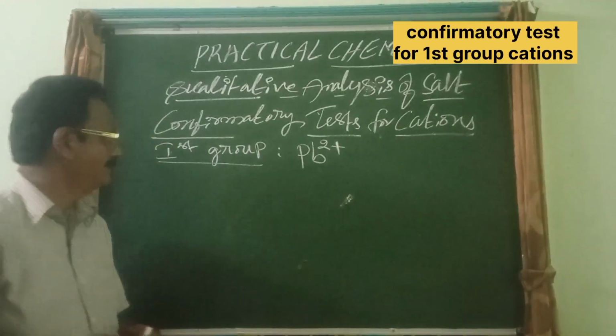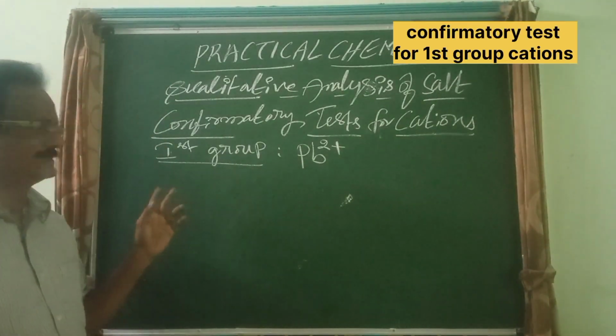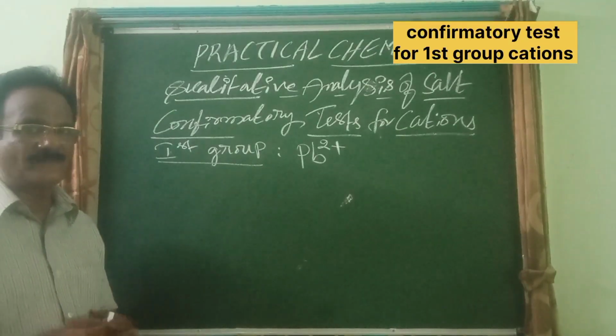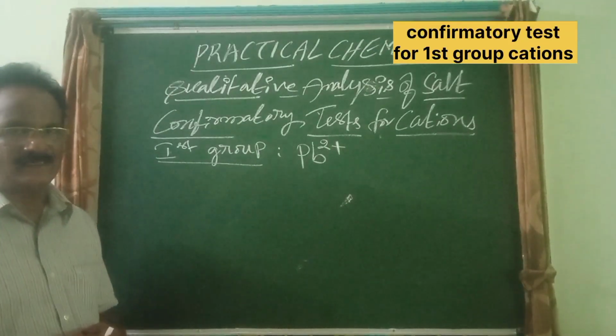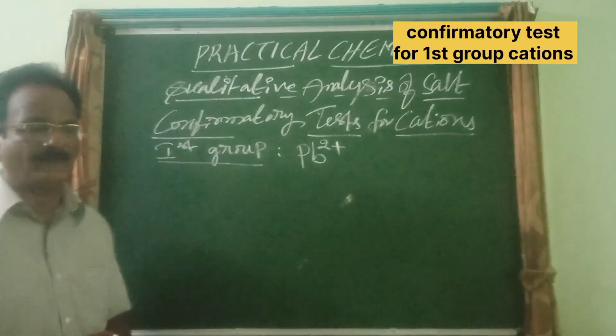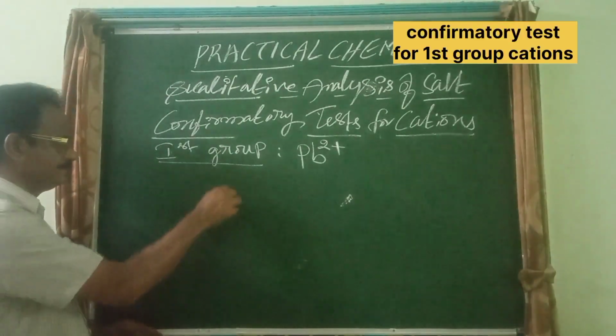Let us see, if first group cations identified, then the confirmatory test should be done for the presence of lead. Okay, let us see here.